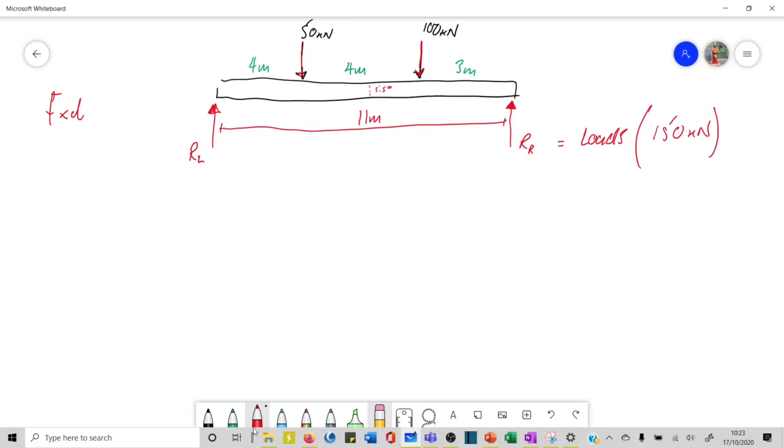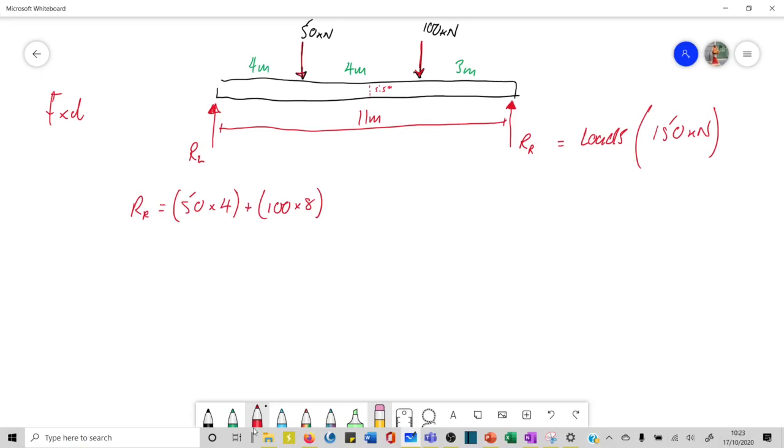So in the book it says the right reaction equals 50 times 4 there, and then we've got another force, which is the 100 times a distance of 8 there.